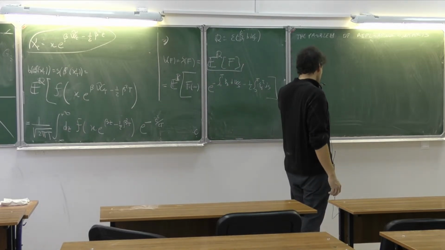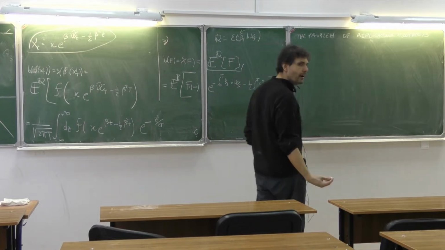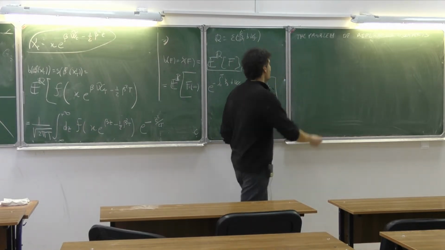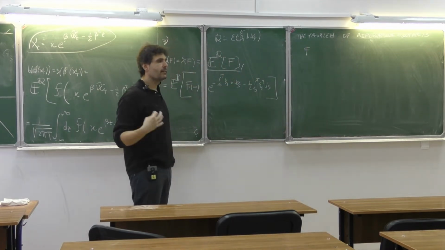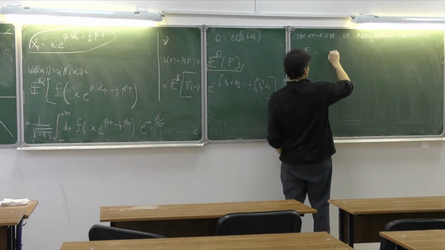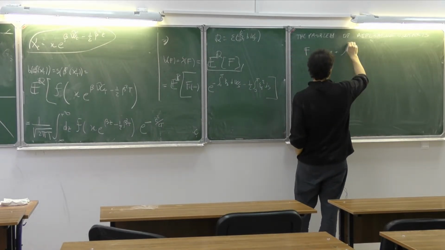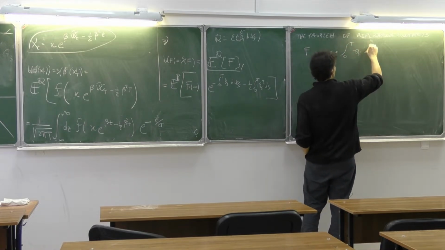So, how do you hedge F? How do you find an admissible portfolio theta such that F is written as the integral of theta dX, if it exists?